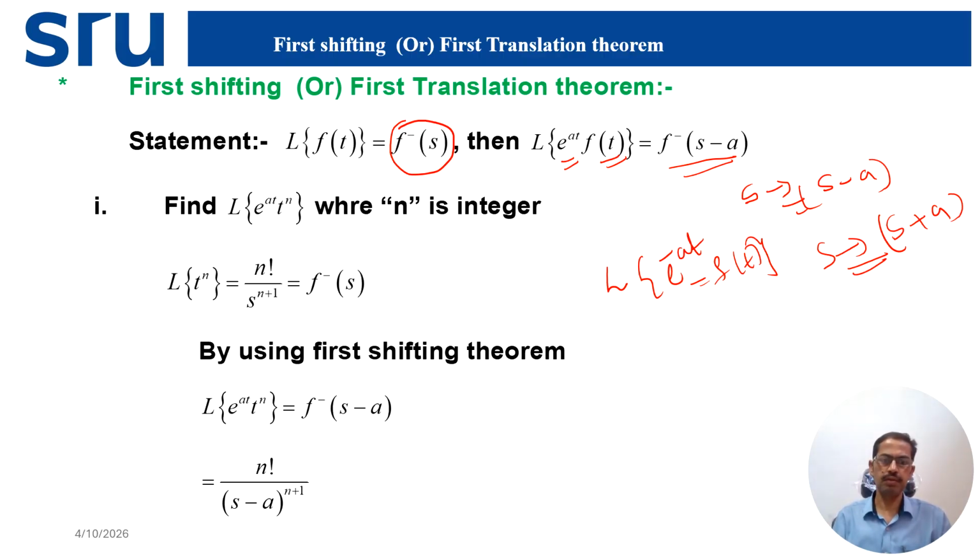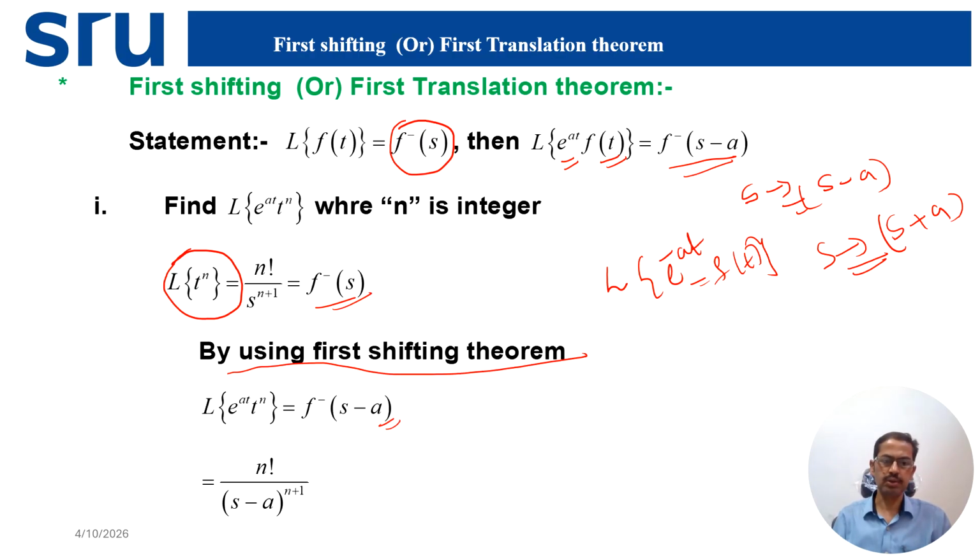For example, what is the Laplace transform of t power n? N factorial by s power n plus 1. The Laplace transform of any function is denoted by f bar of s. Now, what is the Laplace transform of e power at into t power n? By using the first shifting theorem, s is replaced by s minus a.